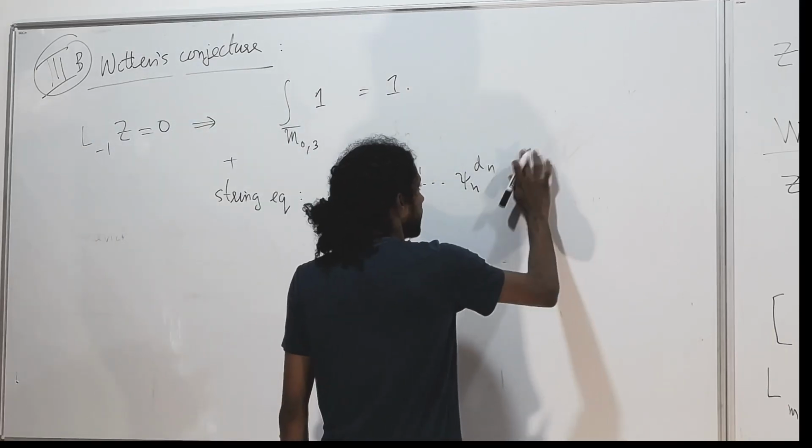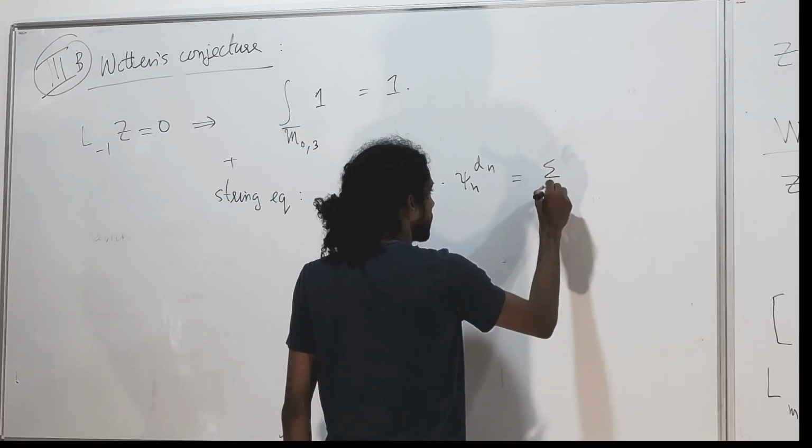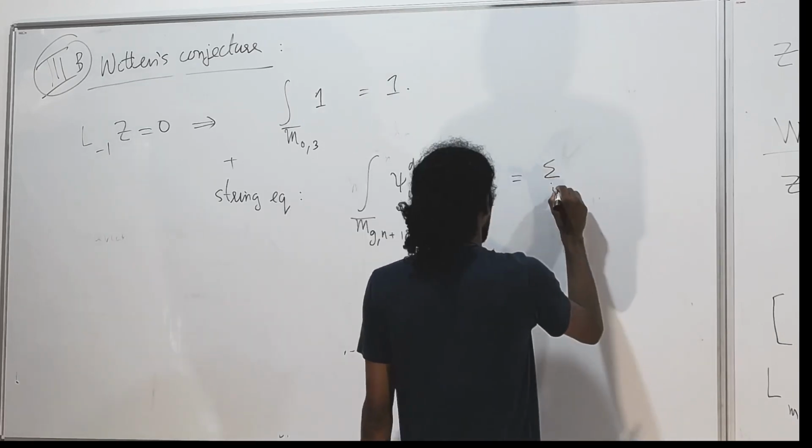this is actually a sum over i from 1 to n.